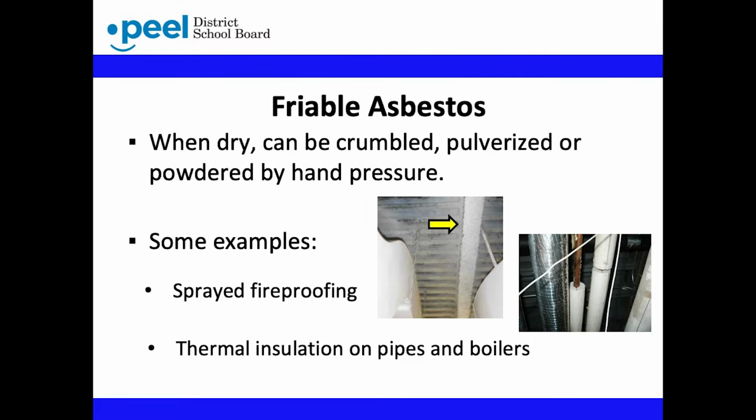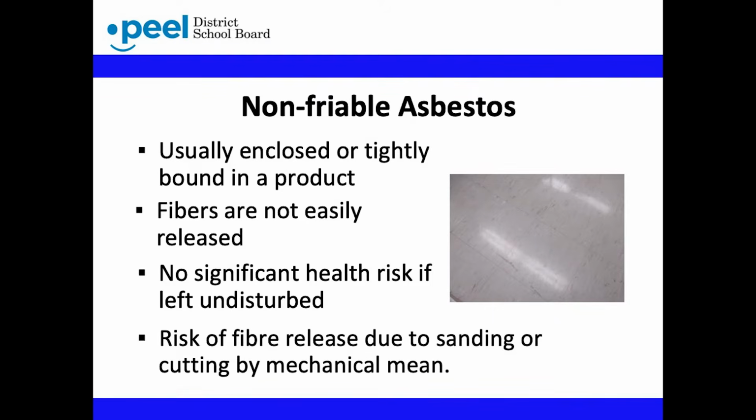Some examples of friable asbestos include the fireproofing of steel structures, found on beams, columns, trusses, etc., or thermal insulation to insulate pipes and boilers, which was then covered with canvas or other sheet materials. Non-friable asbestos means the asbestos fibers are bound or locked into the product matrix so that the fibers are not readily released and therefore pose a low risk if left undisturbed.